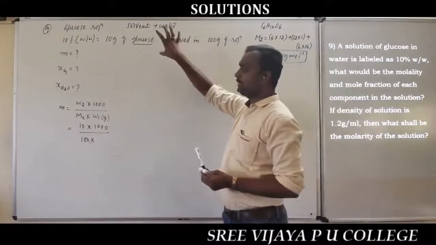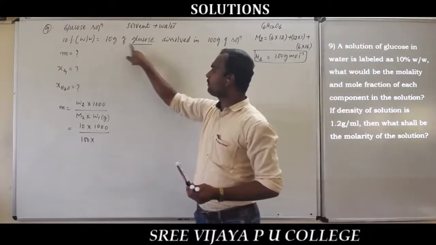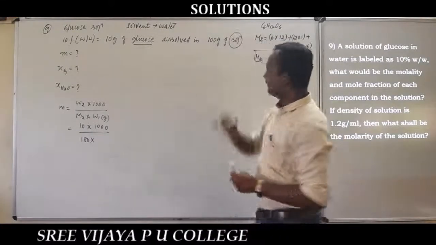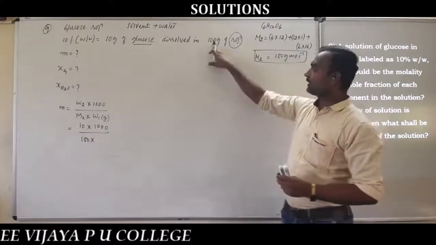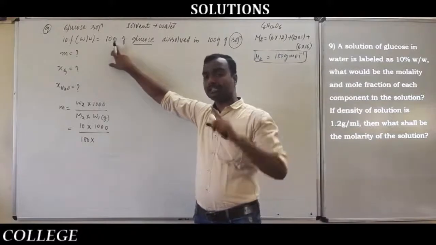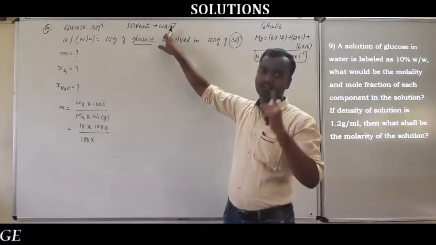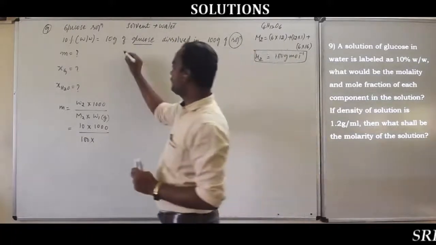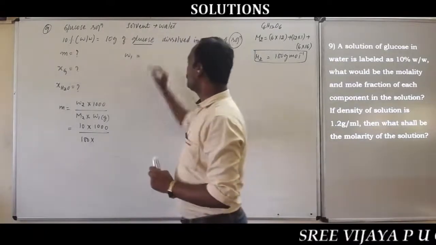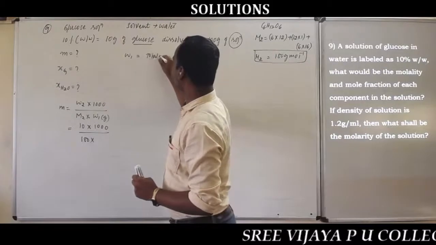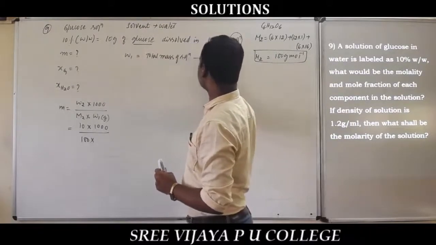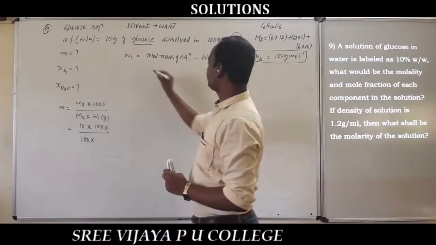Water. Observe here a little: 10 gram of glucose dissolved in 100 gram of solution is given. That means the total mass of solution is 100, and of that, glucose is 10 gram. The other component is water. So to get the water mass, that is the mass of solvent, W1 is equal to total mass of solution minus mass of solute, that is W2.